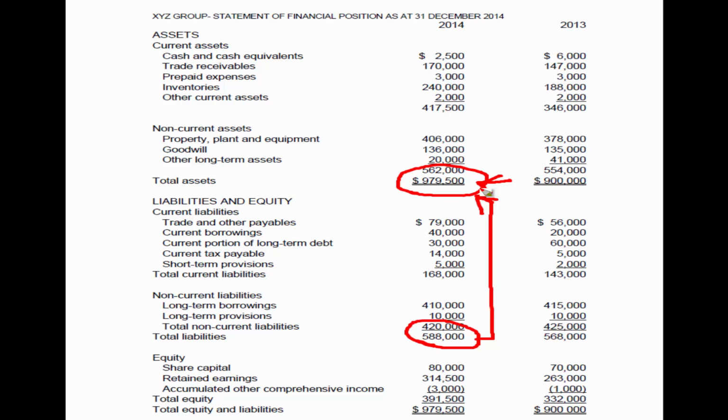Our bank is at a higher risk if we don't make money and can't pay them off than our shareholders are. They have more money invested in the company than the shareholders, who have only $391,500. The more that the banks have invested in the company than the shareholders have invested in the company, the more nervous the banks are going to get.